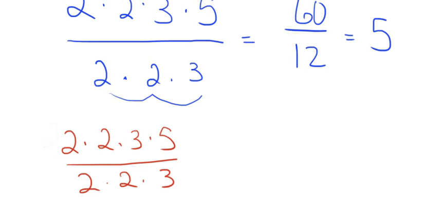I think this green will work. So when we have 2 over 2, isn't that the same thing as saying 1? Would you agree? 2 over 2 is 1. So I can make this a 1. And then I have a 2 over 2 again, so I can make that a 1, can't I? And then I have a 3 over 3, right? I can make that a 1, right? So what's 1 times 1 times 1 times 5?